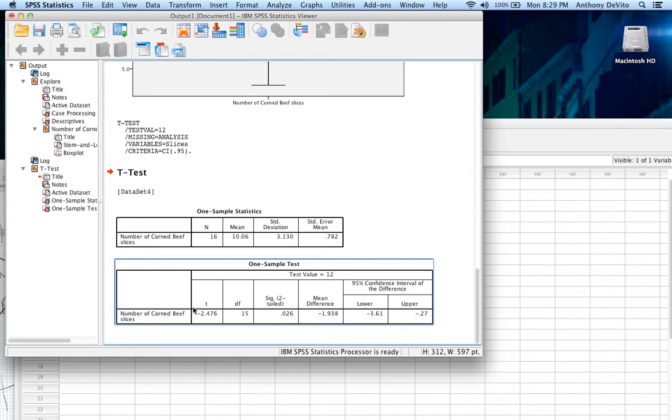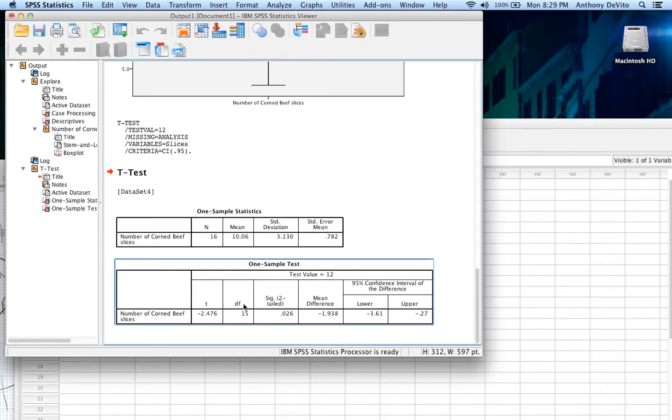If we're right at the edge of the 95% confidence interval, we know it would have been 2.13 standard errors apart. But it tells us, in fact, that they are 2.476 standard errors apart from each other.